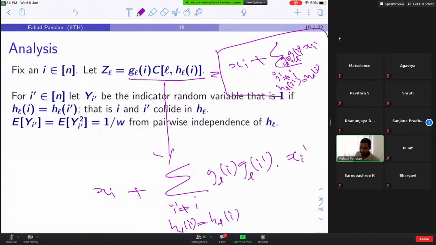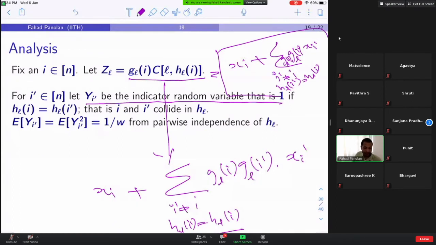Okay. Now, for those i prime which all get mapped here, you create an indicator random variable. Let y_i prime be the indicator random variable that is 1 if h_l of i is equal to h_l of i prime, that is, i and i prime collide under h_l.